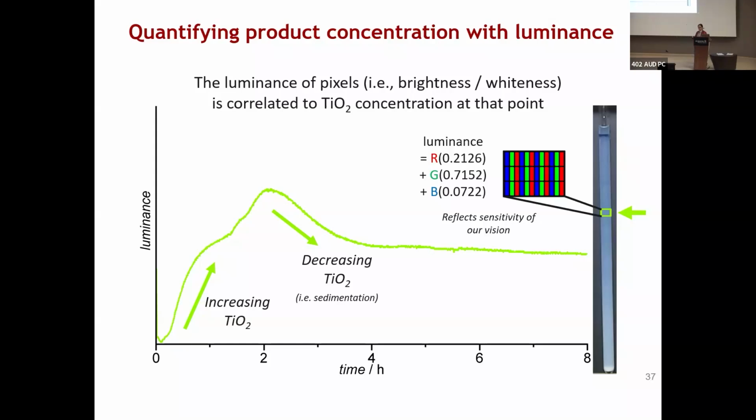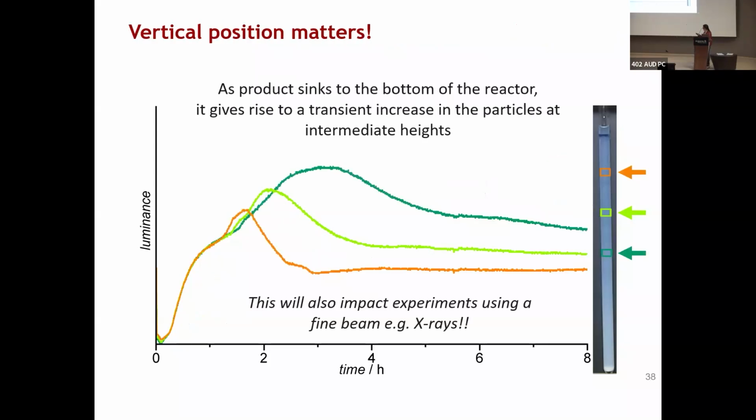It's quantifying what we can intuitively see, the formation of TiO2 and the sedimentation. We can do this at different points because we can see the entire reaction here. If we take it at different heights, we see different peaks in when we have the maximum amount of TiO2 and when it starts to go down.